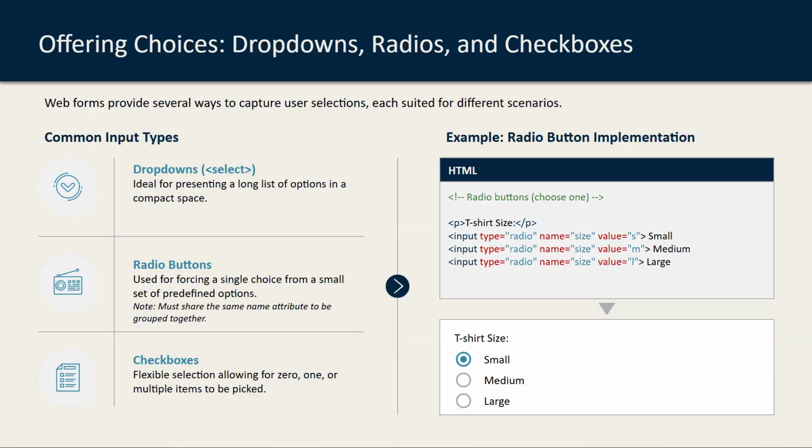space on the page. Radio buttons are used when the user must choose exactly one option from a small set of predefined choices. Now, checkboxes are more flexible because they allow the user to choose either no options, one option, or multiple options.